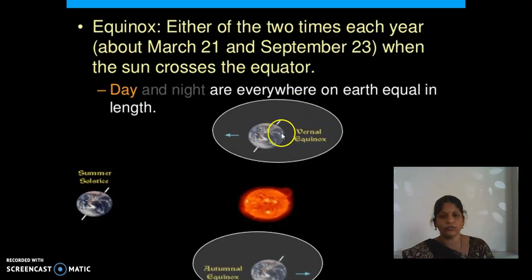When the earth comes to this place between the summer and the winter, summer for the northern and summer for the southern, here the earth experiences equal days and nights. This is March 21. This is September 23. Here autumnal equinox and this is spring equinox. Okay. Children, do you understand?